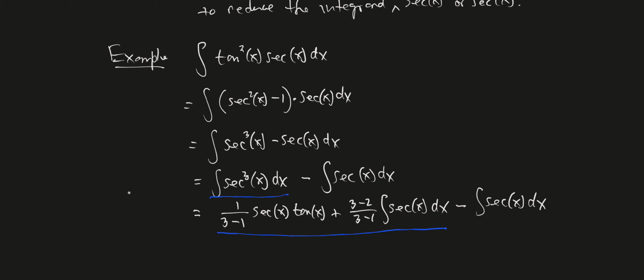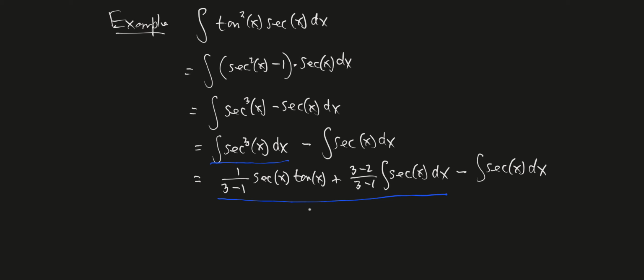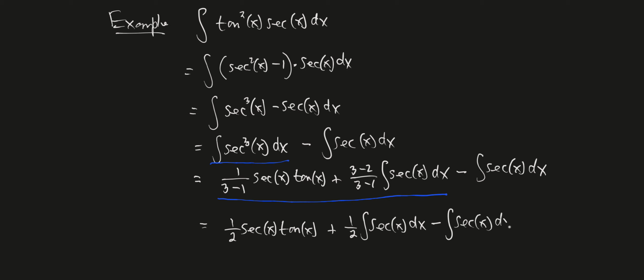Okay, so once we have this, we can simplify. Let's see what we have. So this is 1/2 secant x tangent x. And then in front here we have plus 1/2 the integral of secant x with respect to x, and then minus the integral, the same integral. Through properties of integrals, we have a positive 1/2 here in front, and then we're subtracting 1.